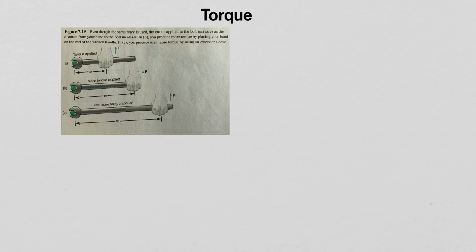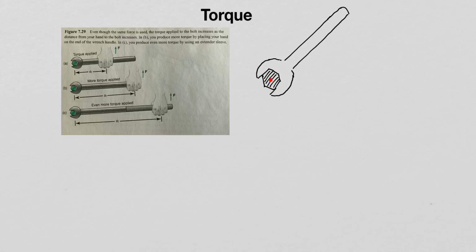Apart from the magnitude of the force and how far from the axis of rotation it's applied, there is also one more consideration that determines the magnitude of the torque that's generated, and that is the direction in which the force is applied with respect to the axis of rotation. So in the example shown in the figure, we have the bolt, we have the wrench here, and I want to tighten the bolt.